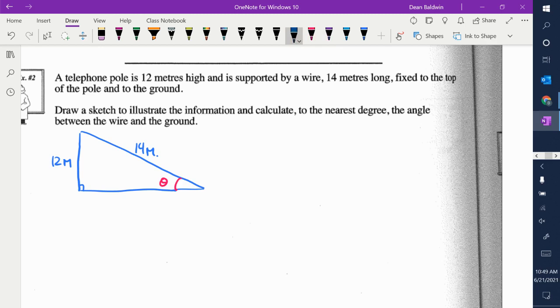Okay. What do I do? What's the first step? Label the sides. So what two sides do I have? I have the hypotenuse and the opposite. What trig function involves opposite and hypotenuse? Sine. So remember, SOHCAHTOA.